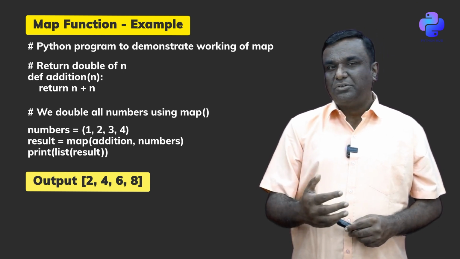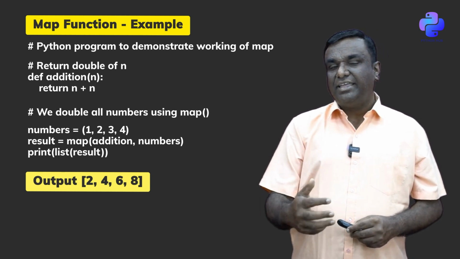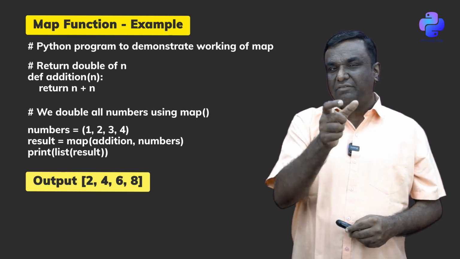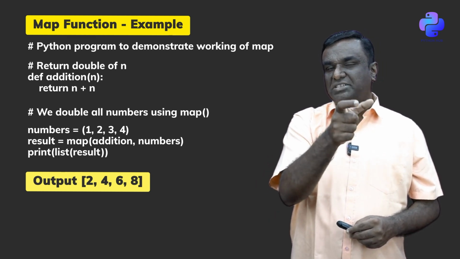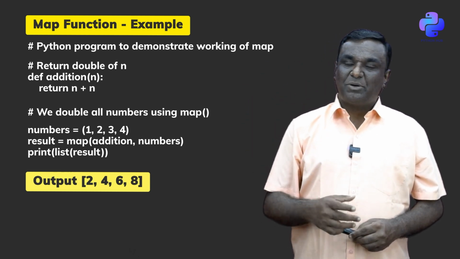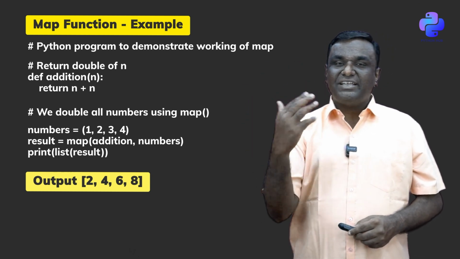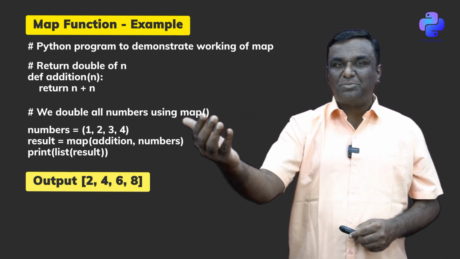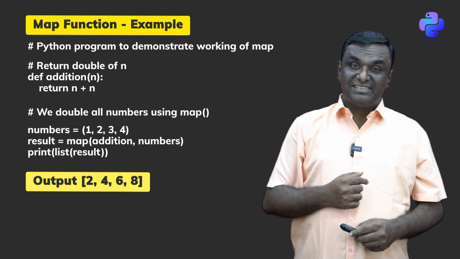As I told you, map function gives you a map object. But here, when I use a print statement, I'm consciously using print list of result. So what is happening here? I'm converting the output to a list. That is, the output that I've got as a map object, I am converting it to a list.